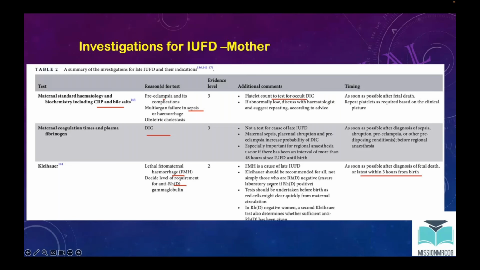As FMH is considered to be a cause of late IUFD, this Kleihauer test, to detect the fetal-maternal bleed, should be done in all women, whether they have blood group negative or blood group positive.